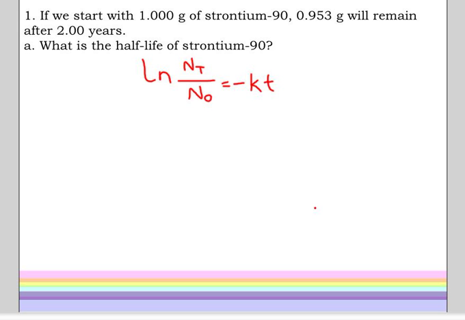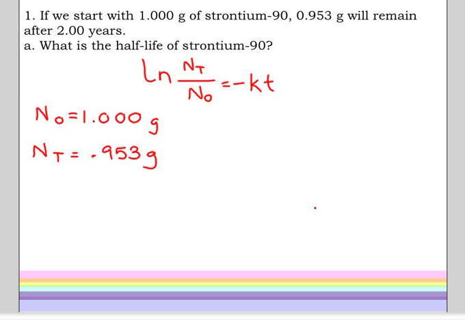We have to see what we already have. It says if we start with 1 gram, well, what we start with is N sub 0. So that's going to be our N sub 0, 1 gram. And it says we are going to have 0.953 grams after 2 years. So that's how much is going to be at the end, so that's N sub t, 0.953 grams.